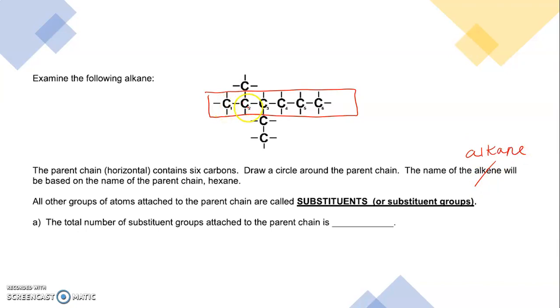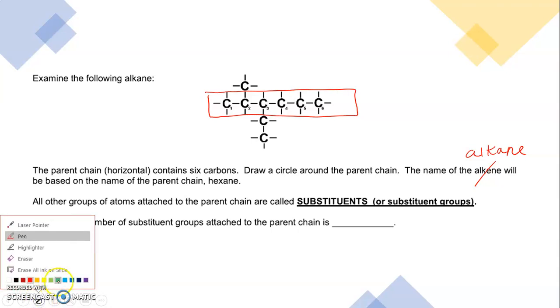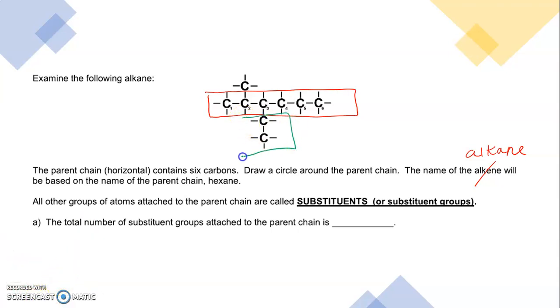You see 1, 2, 3, 4, 5, 6. Everything else, though, is what we haven't yet talked about. Anything that's branching off of the parent chain. You can see that, and I'll circle here and here. Those are called substituents. Anything that's branching off the parent chain.